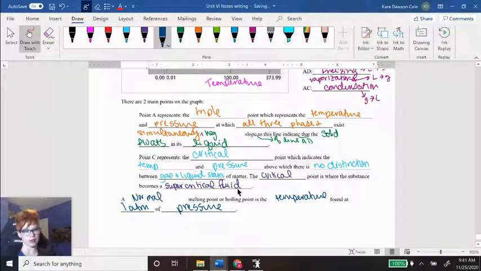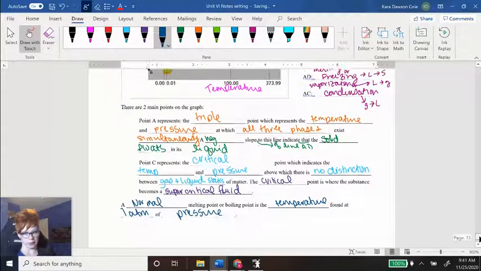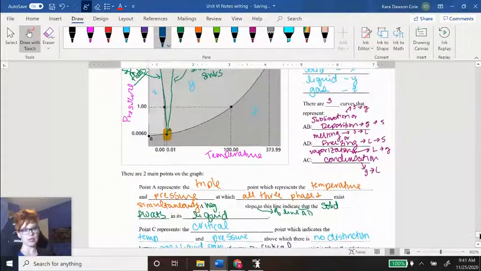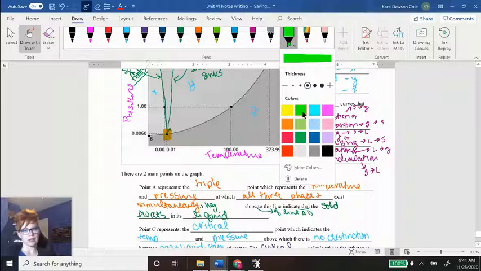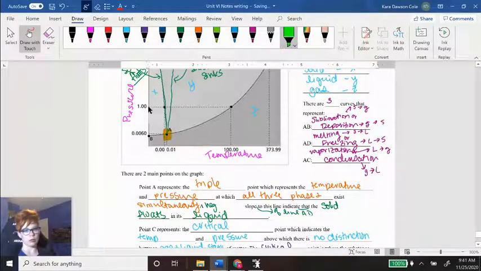So if we look at this particular graph, we can find the normal melting point would be right there going down, so 0 degrees Celsius. And then the normal boiling point right there at 100 degrees Celsius.